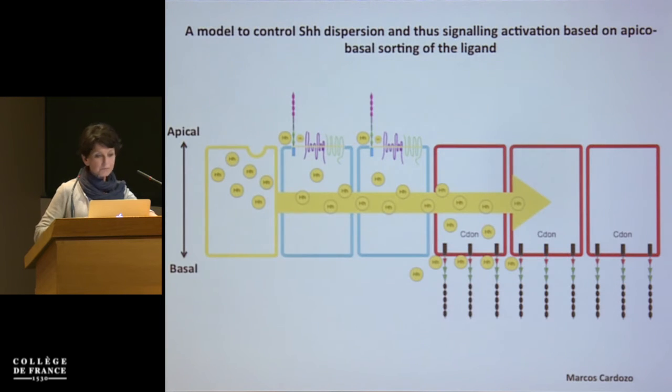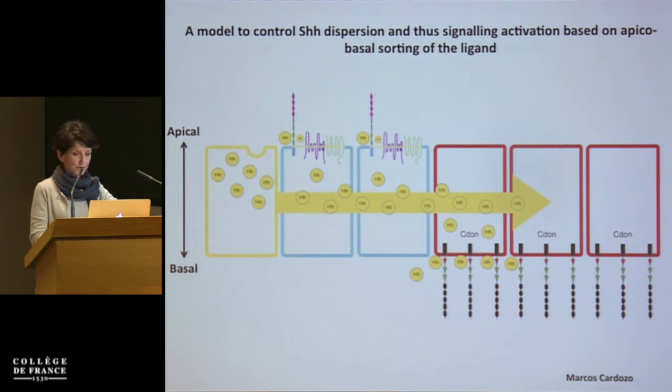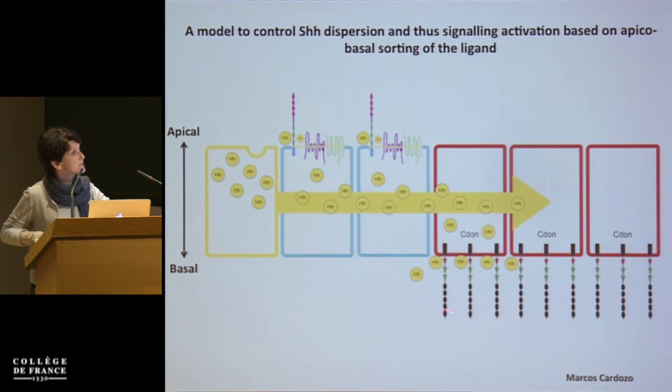So based on this, we would like to propose that what Kedon can do, expressed probably mostly on the basal side of the cells, is controlling the dispersion and therefore the signaling activation of sonic hedgehog, sort of sorting between apical and basal the dispersion of the ligand in the basal side.